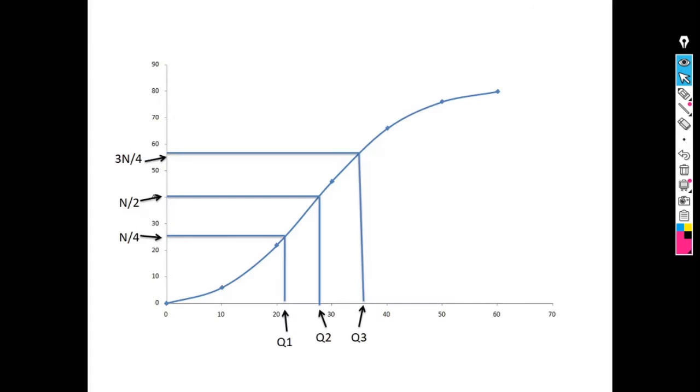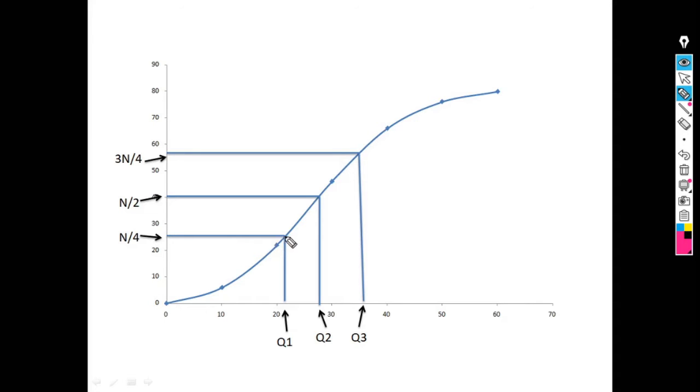Suppose this is our n by 4 value. So first we locate the n by 4 value on the y-axis, then draw a line parallel to the x-axis to meet the Ogive curve.